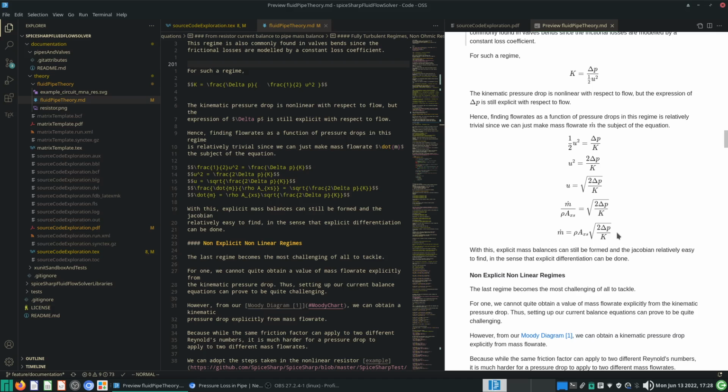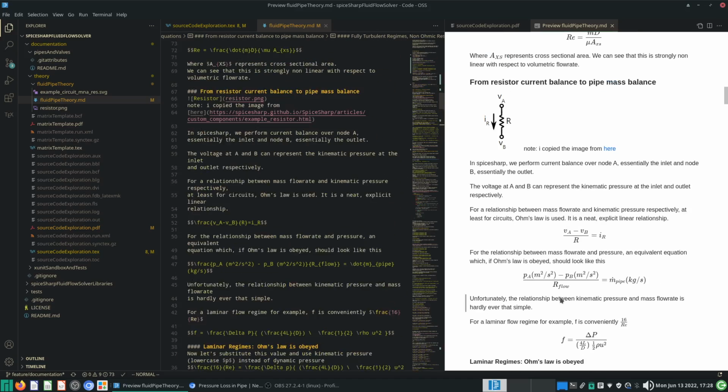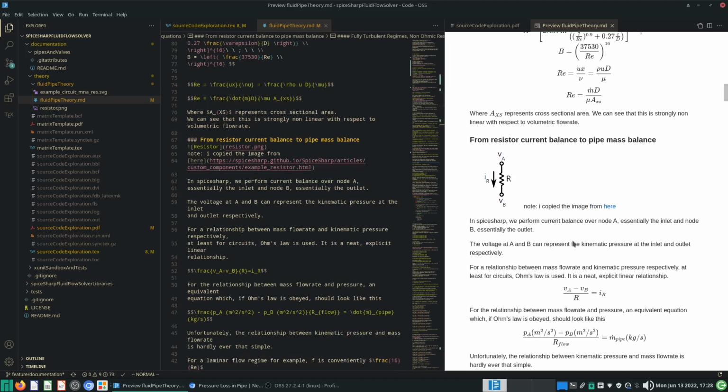The main point of us trying to get all these equations out is so that we can take a look at this and then do some differentiation. The idea of rewriting all of this out is so that we can calculate the Jacobian over every node, the Jacobian at every node.